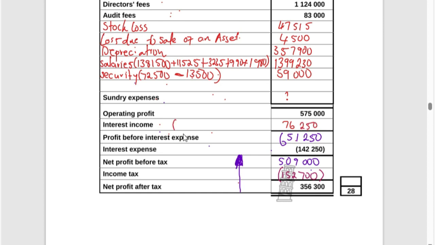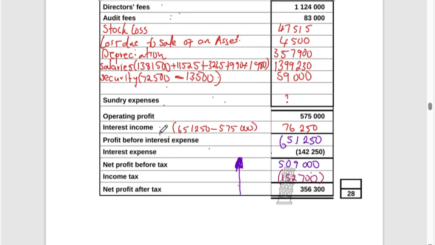Then this is what we did. We said 651,250 minus 575,000, and then we had this amount. And our income statement at the bottom has been completed.